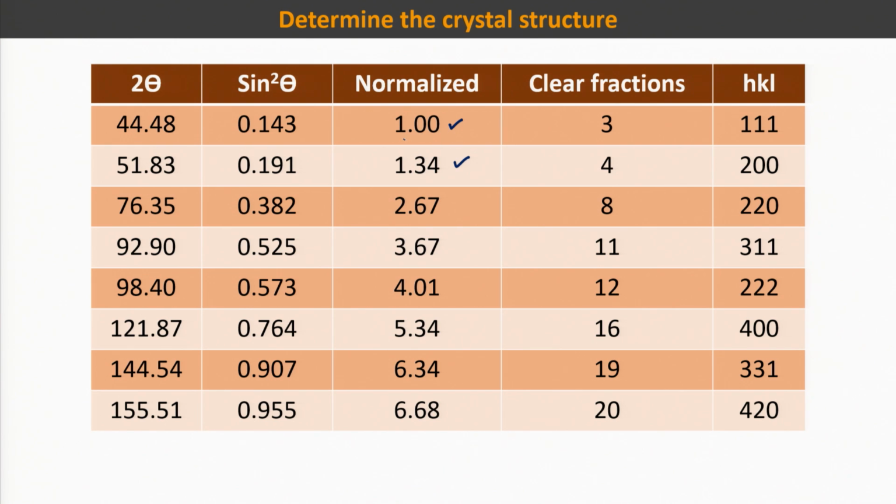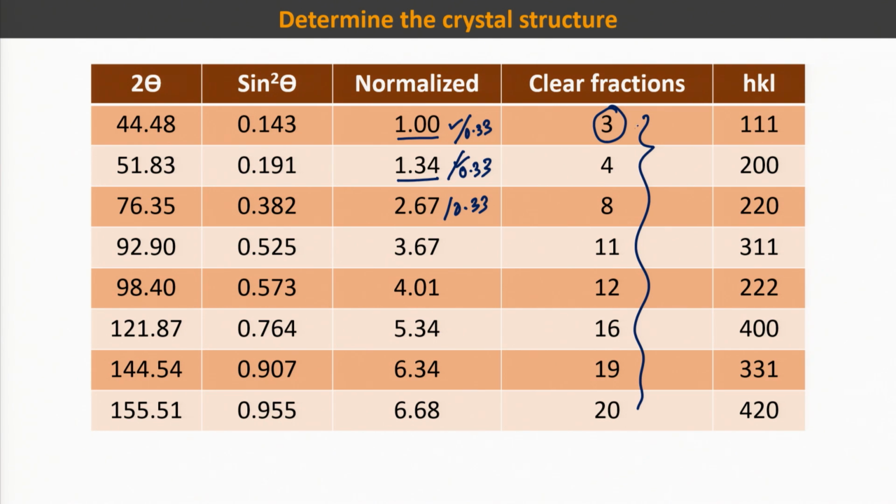If you take 1 and 1.34, this is 4 times the first value. So, if you divide every number by 0.33, more or less you will get a clear fraction or integer value. So, if you make a clear fraction from this normalized value, you get 3, 4, 8, 11 and 12, 16, 19 and 20.